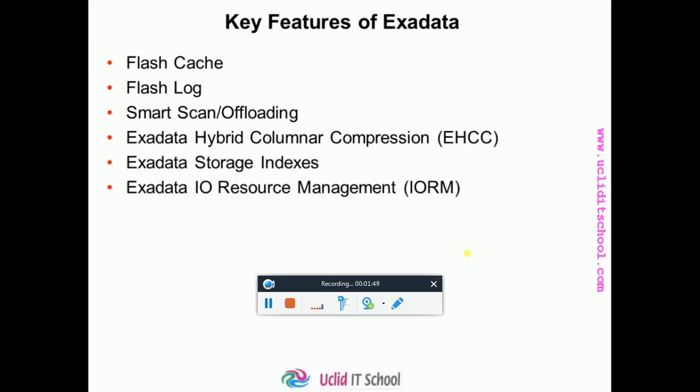So that is another good thing. That way you can take advantage out of the box immediately. IORM you need to configure specifically. So let us start exploring all these features one by one. Today we will aim to complete Flash Cache and the Flash Log.